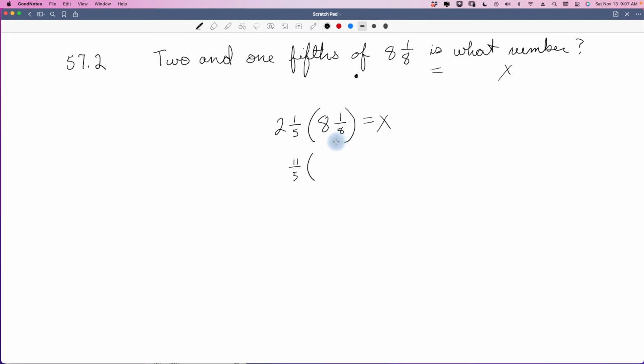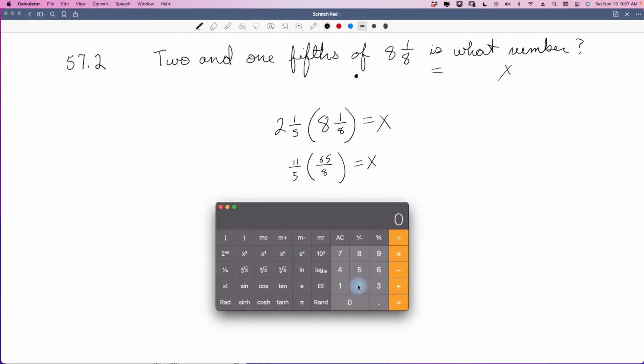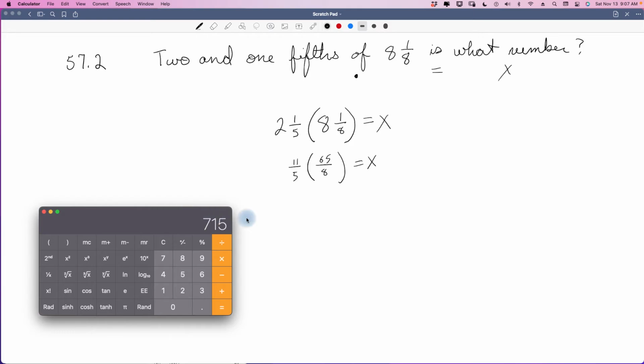I think that's right. Yeah, 8 times 8 is 64, plus 1, so 65 over 8 equals x. All right, y'all. I got to have my calculator because I can't do 11 times 65 in my head. I don't know about you. 11 times 65 is 715.